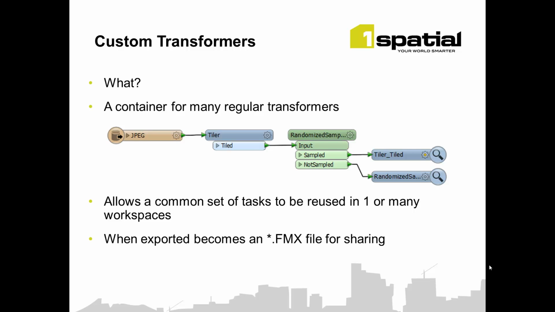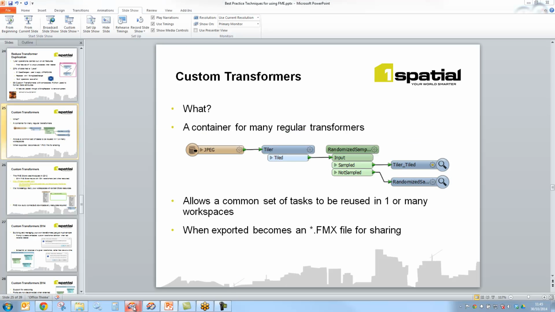It makes your workspace look tidier, and it's exportable as an FMX file so that you can share it with colleagues. So I'd recommend you have a look at different types of custom transformer.